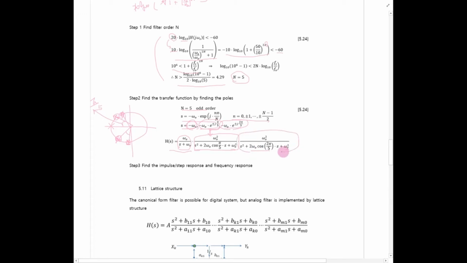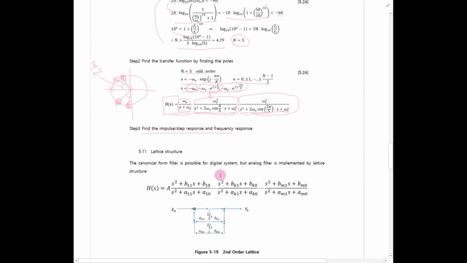So the sum and product of the roots give this second order system. So we defined the transfer function of that one, and from here you can find the impulse response and step response. From here you can see a second order system expression. You know that two complex poles will give a second order system like that. It's similar to here, except this one is a first order.